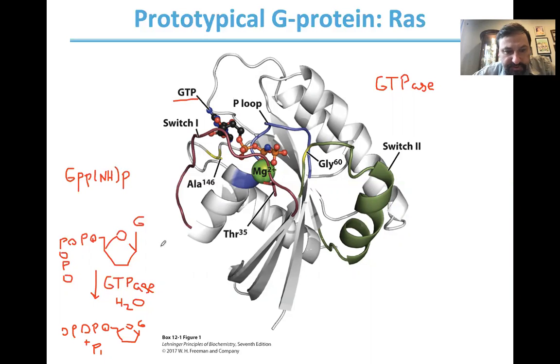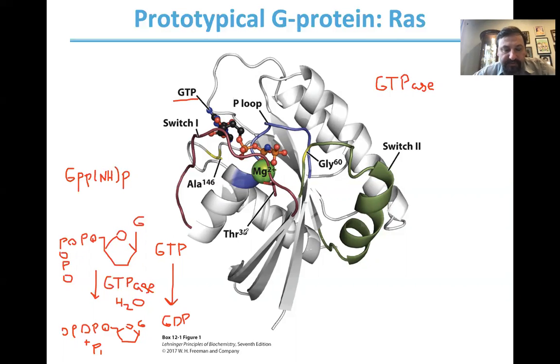So GTP, which is this one, becomes GDP. So the problem is, if you try to obtain a crystal of RAS with the GTP bound to it, what will happen? You will not be able to get this crystal because GTP will undergo hydrolysis to GDP, and you will get the wrong crystal.